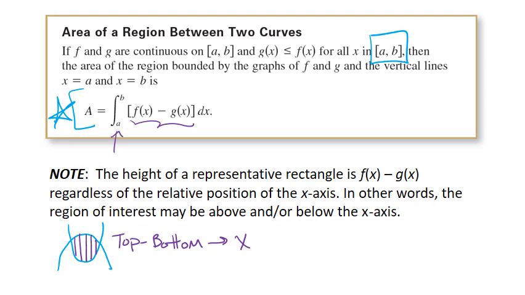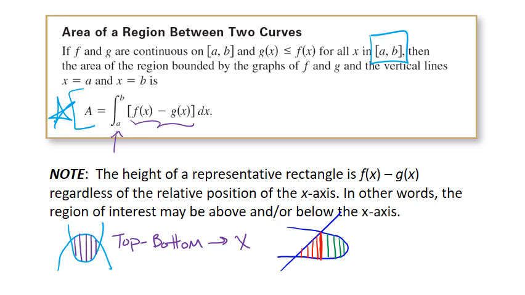Maybe instead you have something that looks like this. You can see that this linear function is on top, but then right here something changes, and now you have this function on top. If you have something like this, you have two choices.